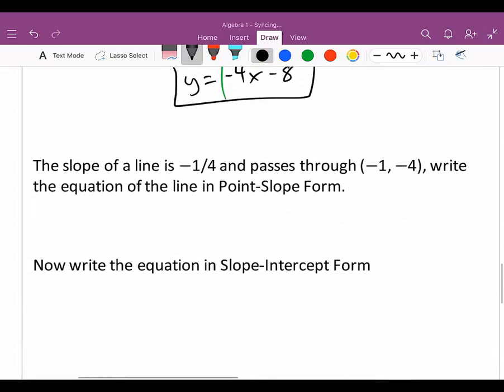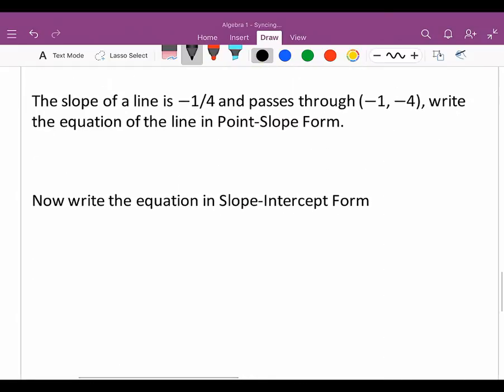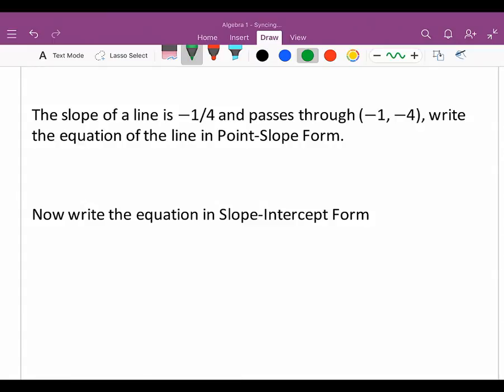Alright. Looking at another example, the slope of the line is negative 1/4. That's your m. And passes through the point negative 1, your x1, and negative 4, your y1. Plugging it in, the y value goes first, so it's going to be plus 4 equals m is your slope, negative 1/4, parentheses x, and then your x value is negative 1, so you're going to write plus 1.